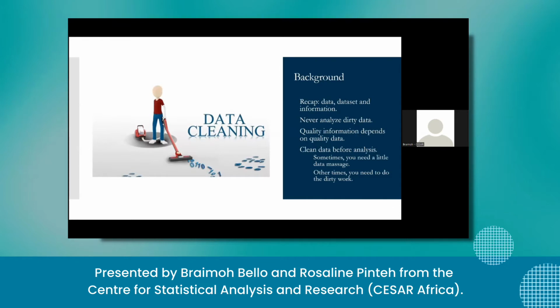So data is unprocessed facts. A data set is a rectangular matrix that contains data. Information, on the other hand, is processed data. Like someone said, data is raw, information is processed. Data is unorganized, information is organized.